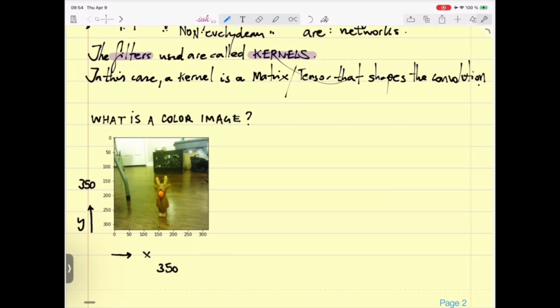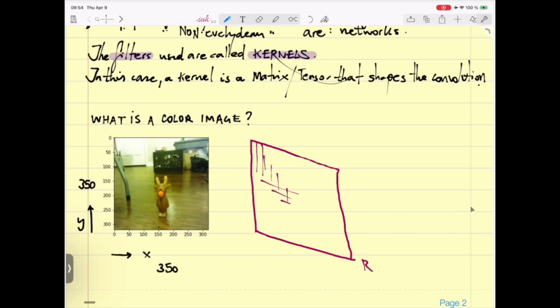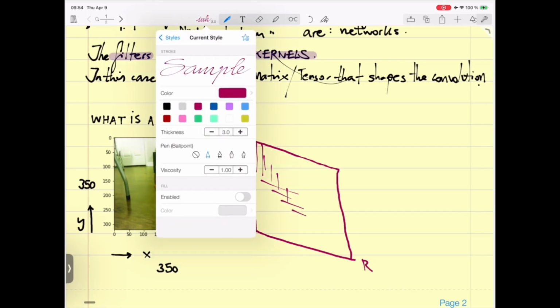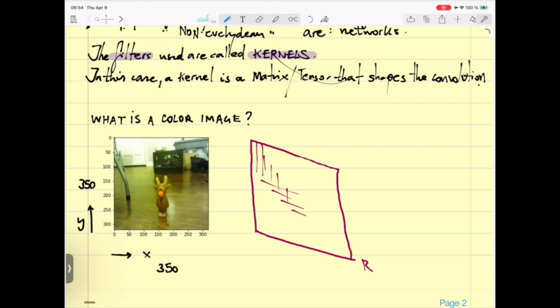But in reality, this image is the superposition of 3 channels. One channel that is red, all the pixels in red. Then there's a green channel.